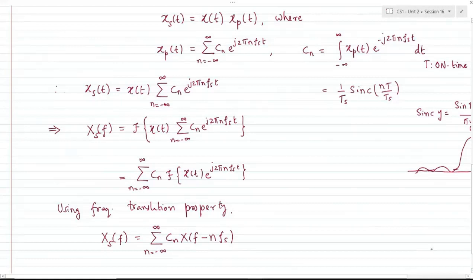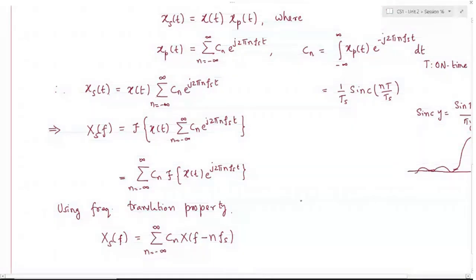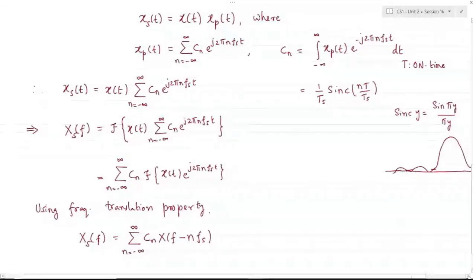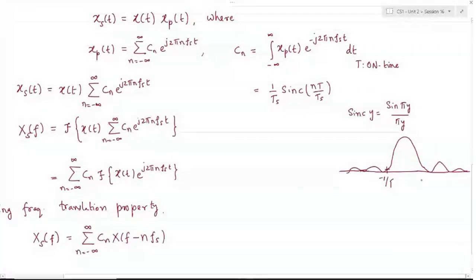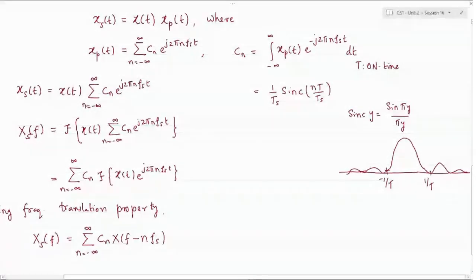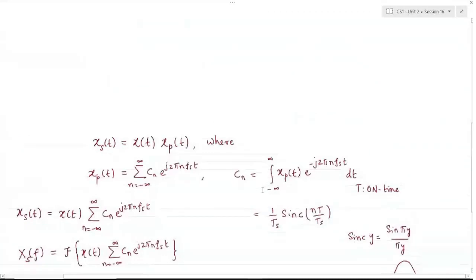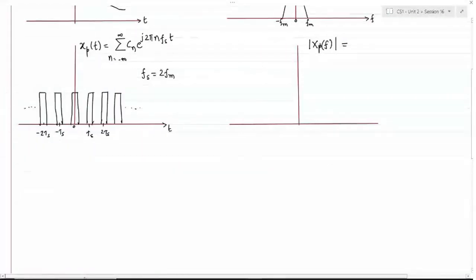We know that the sinc function has a major amplitude in its region from minus 1 over tau to plus 1 over tau, and it has diminishing amplitudes beyond those points, and hence the frequency domain representation of my sampled version will accordingly vary.